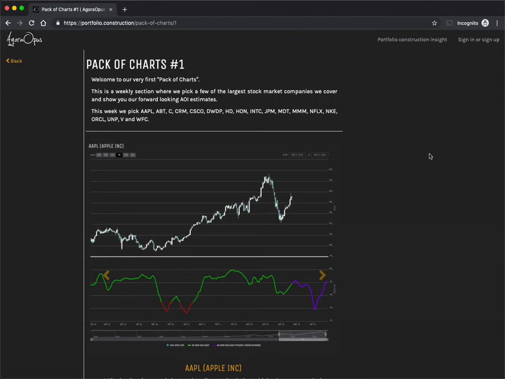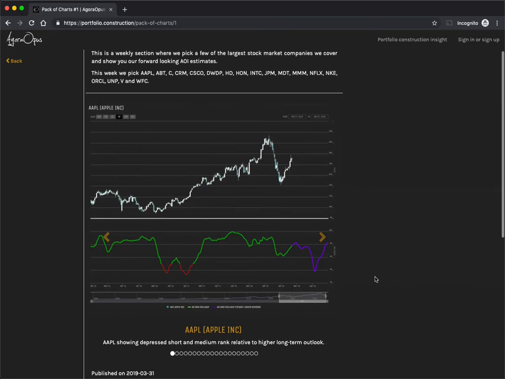And then we show you the price for the last 5 years, including the AgoraOpus Rank Oscillator indicated on here. So we do that for up to 20 companies, and we also attach a little text description describing what's happening with the forward-looking estimate, which is the blue line here.